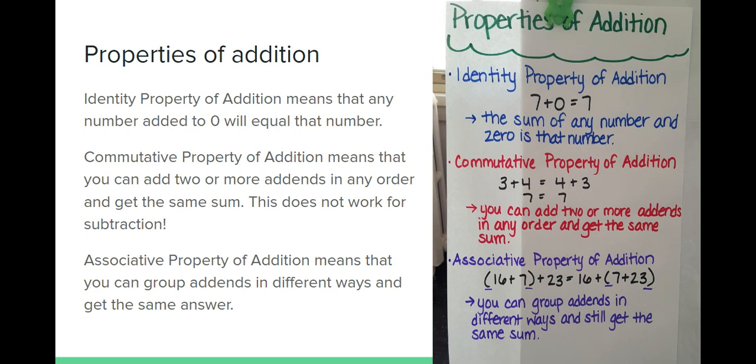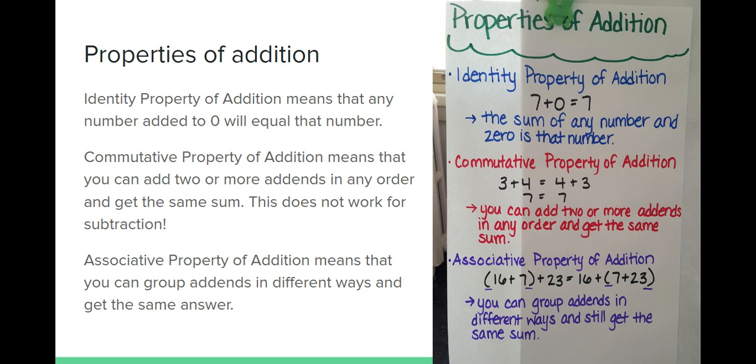All right, your associative property of addition means that you can group addends in different ways and still get the same answer. So that means if we use parentheses, which look like a C and a backward C, in an addition problem, we can swap where they're at and still get the same sum.